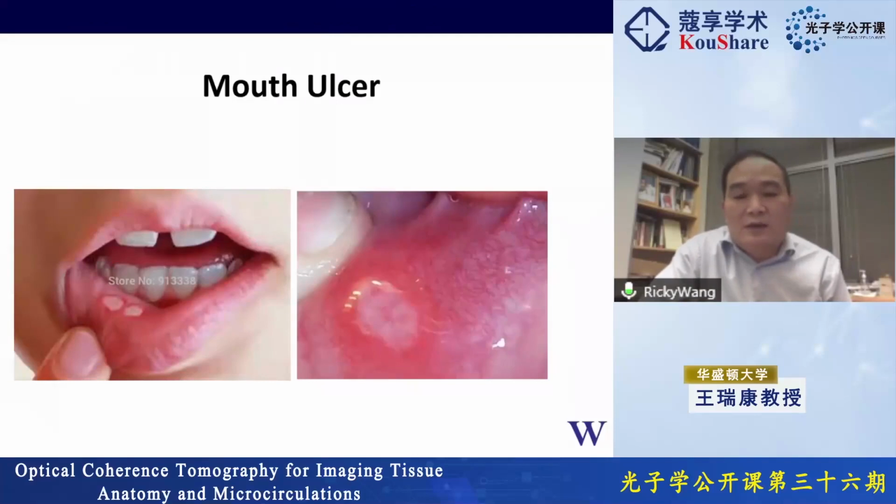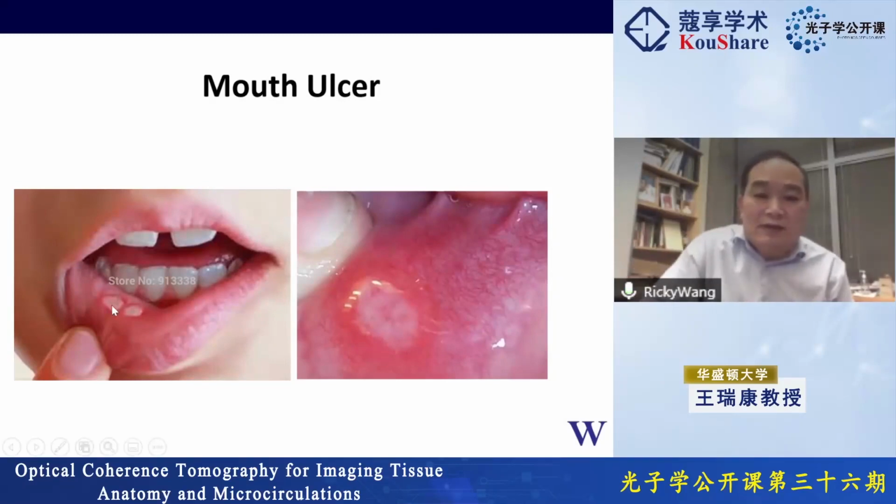Then let's look at one example of using this system to look at a mouth ulcer. Because it's handheld, you can look at the mouth ulcer, and this is the mouth ulcer over here. And of course, from the pictures, you can see the redness of the surrounding tissue, right? This redness is really the vasculature remodeling.